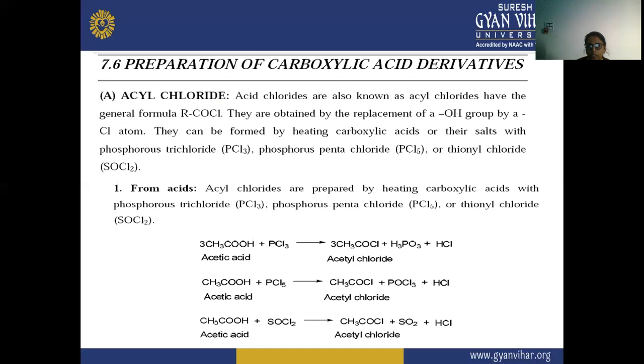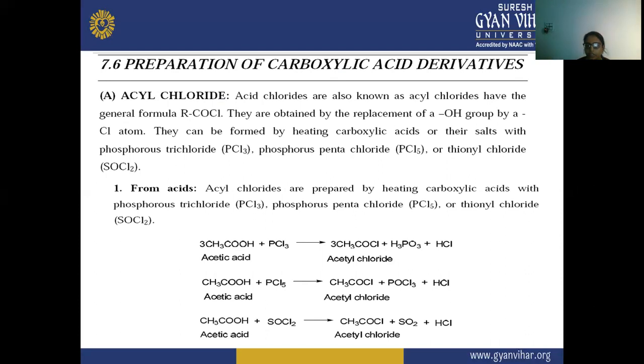If we heat the carboxylic acid or its salt with phosphorus pentachloride or phosphorus trichloride, then acyl chloride is formed. From acid, the first reaction is that acyl chlorides are prepared by heating a carboxylic acid with phosphorus trichloride, phosphorus pentachloride, or thionyl chloride.